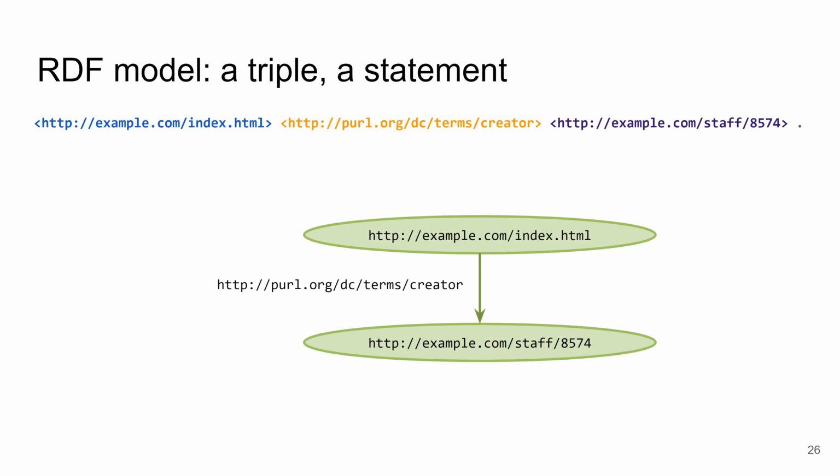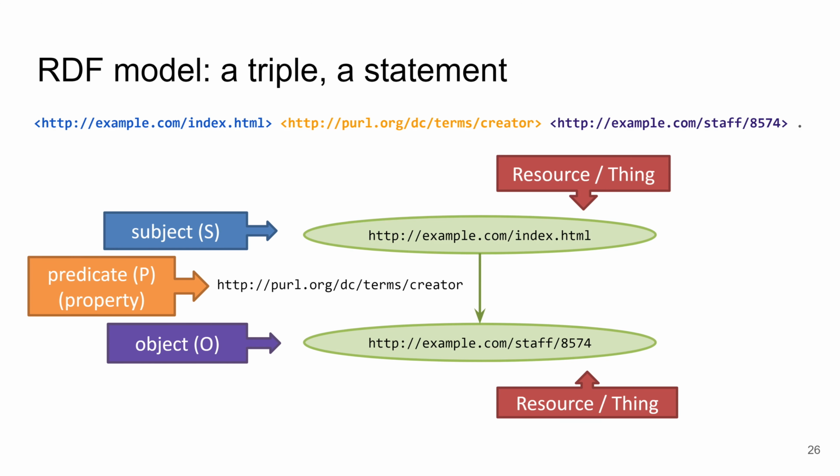And we can also draw this statement in a graph notation where ovals represent things and edges represent the connections of those things. So here we have 2 things. We have the page and we have the employee, and they are connected using an edge which is identified by an IRI creator. The first part is a subject, the second part of the triple is a property or predicate, and the third part is an object.